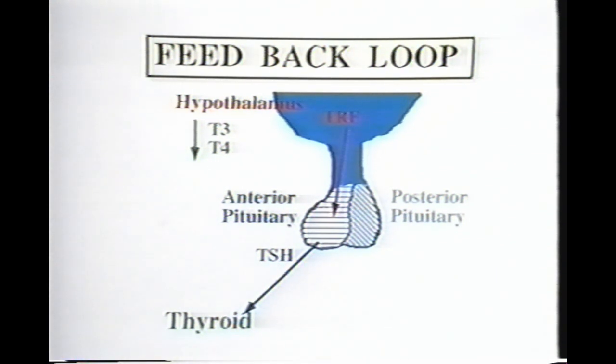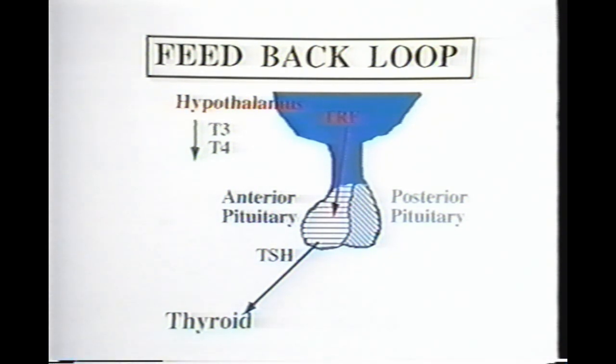If you think about the gauge that responds to, in this example, thyroid hormone: when the thyroid hormone level is low, the hypothalamus puts out thyroid releasing factor, which tells the anterior pituitary to put out thyroid stimulating hormone, which tells the thyroid gland to make more thyroxine, or T3 and T4.